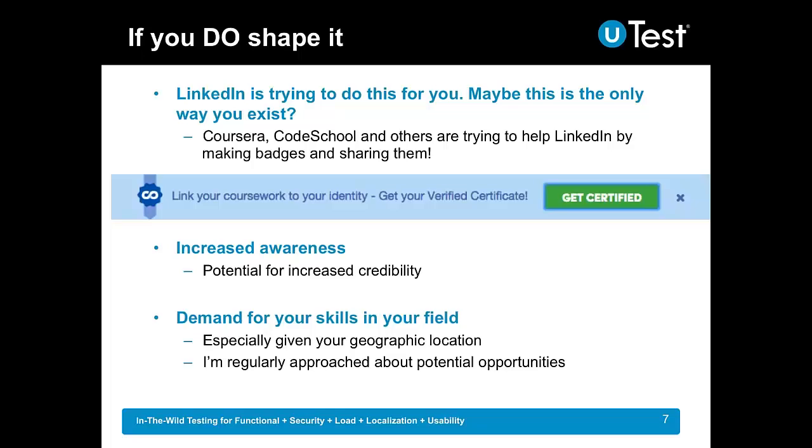You want to see that you have an interest, that you have a passion, that you take some deep thought, and you show the knowledge that you have. So this demand for skills and knowledge in a particular field is hugely important. This is one of the things that I see, aside from the increased awareness. I see a lot of this when I get random emails, random LinkedIn information, just from having the blog and talking about testing.